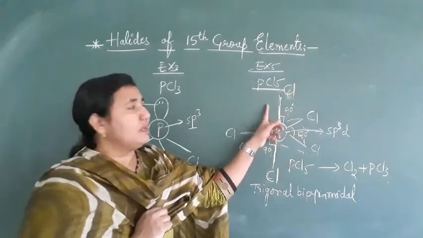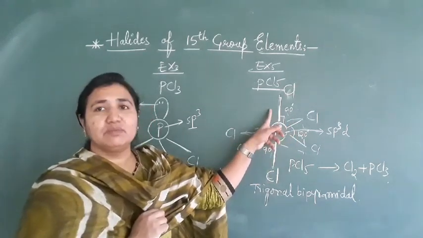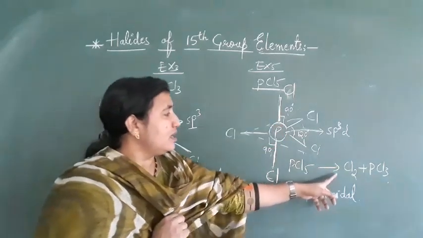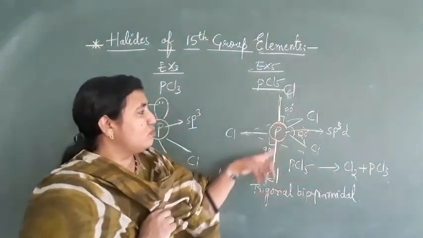Axial repulsion is more, so these two bonds break easily.